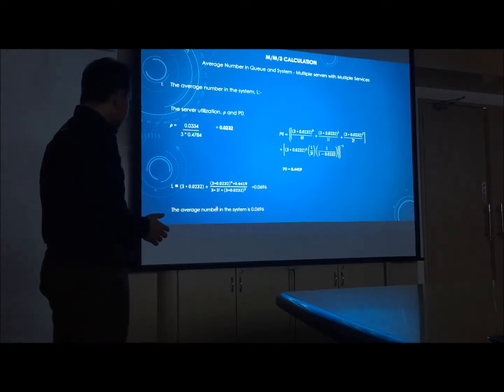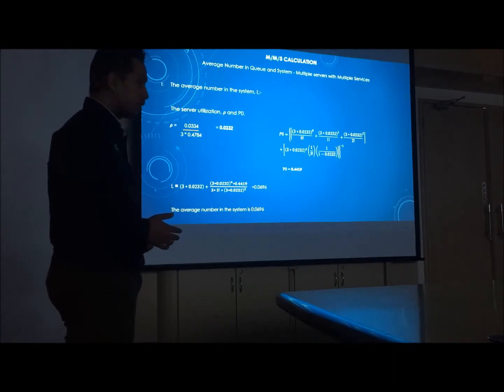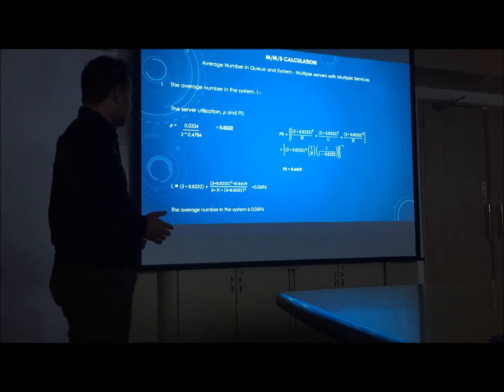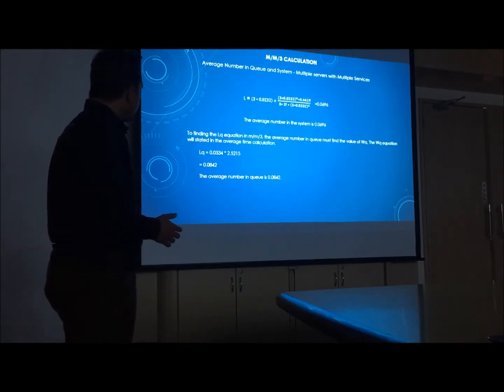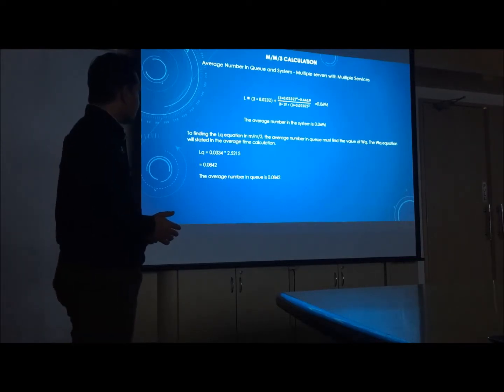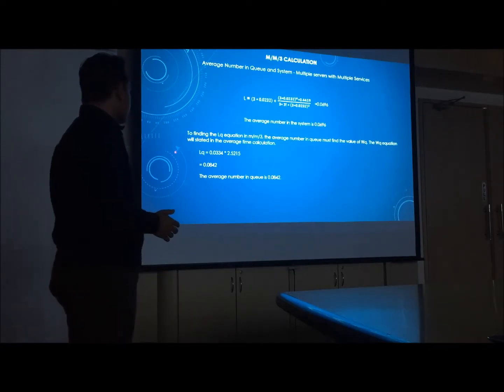So the average number that we get in the system is 0.0696. And then we find the number in Q for multiple servers. So the average number in the system is 0.0696.